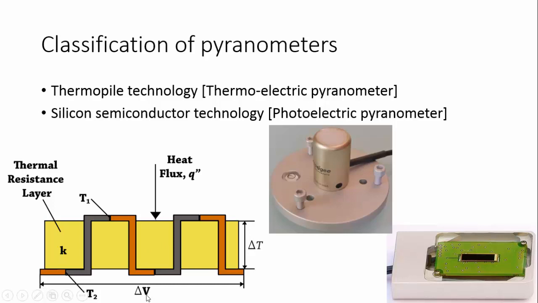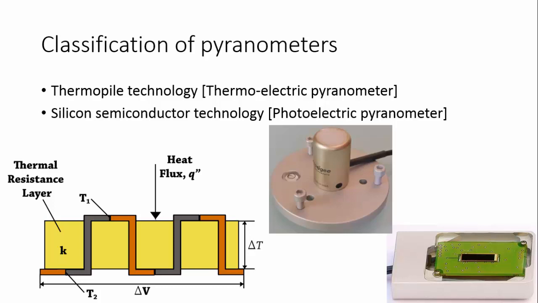That voltage can be measured based on the temperature difference, that is del T. So the higher the del T, the higher the del V. The higher the temperature difference, the higher the voltage difference. The potential difference is measured, and based on the voltage it is converted into radiation. So it will give us the amount of radiation.